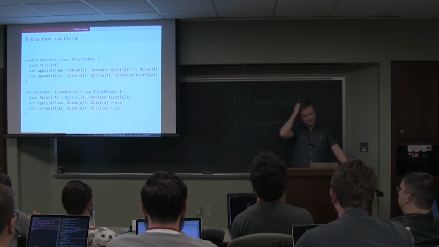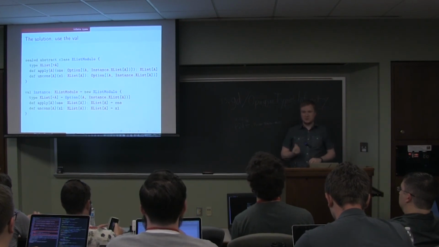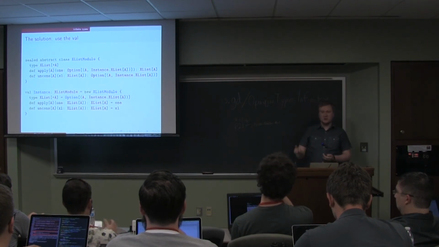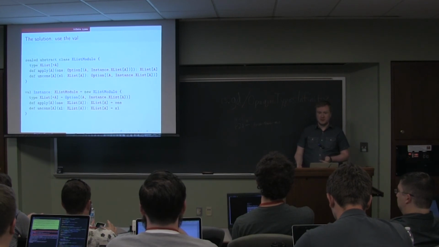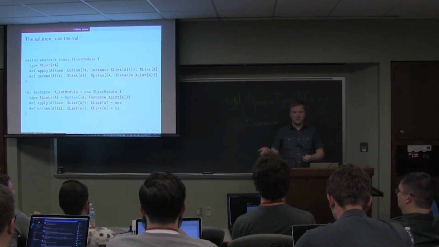So when you're declaring functions in your signature, there are some places where the right-hand side will appear naturally when you're thinking about it. So, for example, apply with label module.